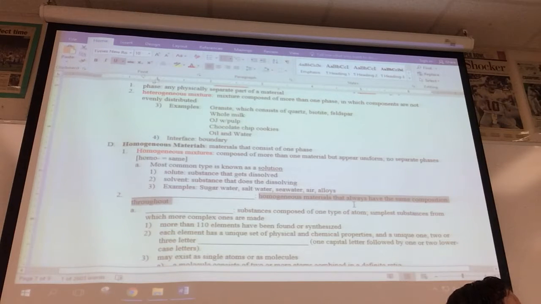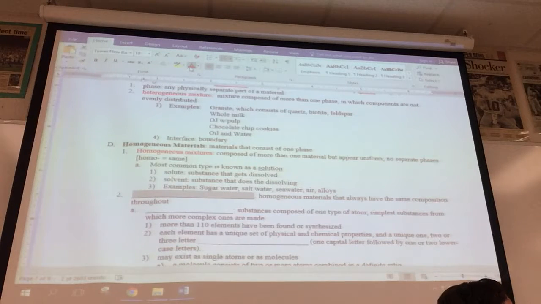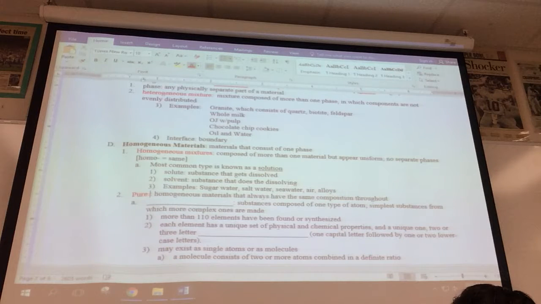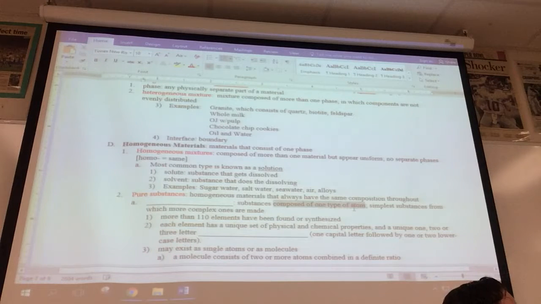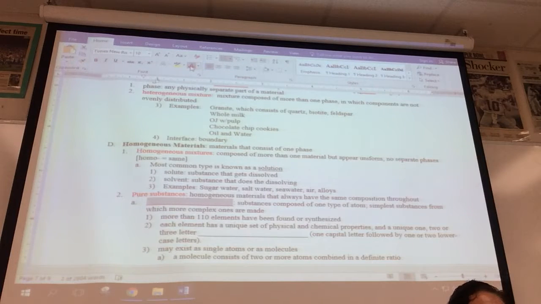Homogeneous materials that always have the same composition throughout are known as pure substances. And when they're composed of one type of atom, they are known as what? Elements.